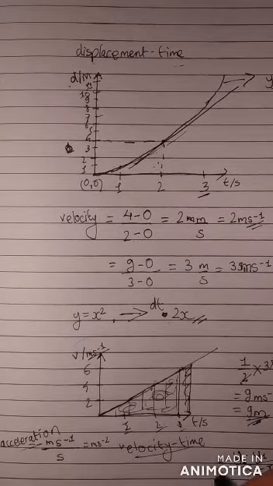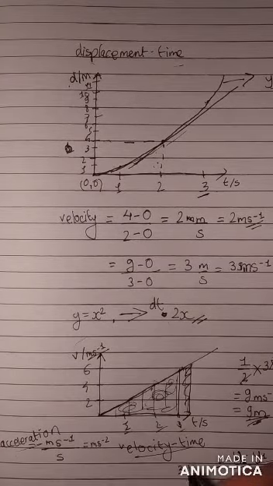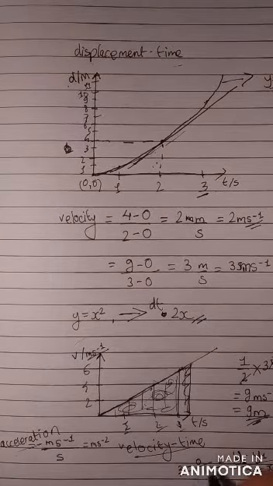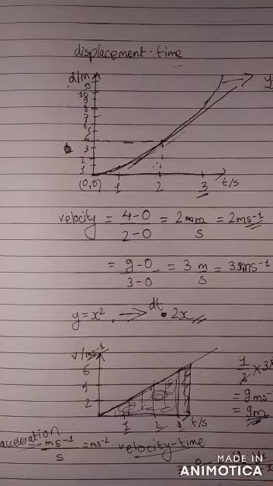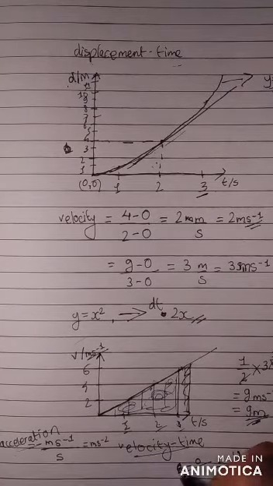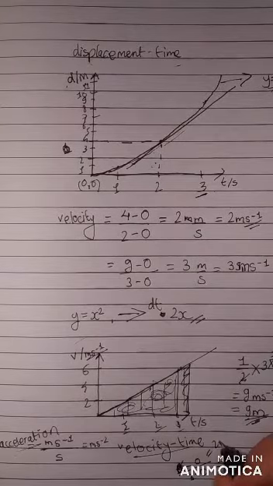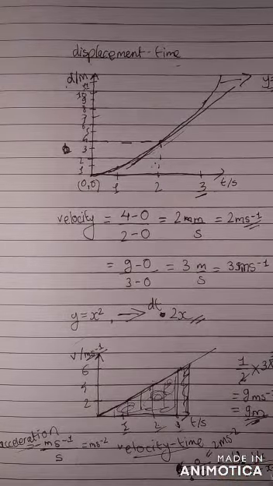So here it is 6 minus 0 by 3 minus 0, equals 2 meter per second square.